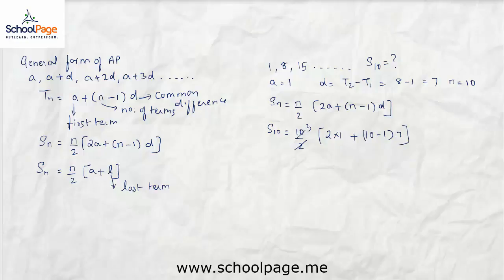Solving this, we get S10 equal to 5 into 2 plus 9 into 7, which is 63, so S10 equal to 5 into 65. S10 is equal to 325. So the sum of first 10 terms of this arithmetic progression is 325.